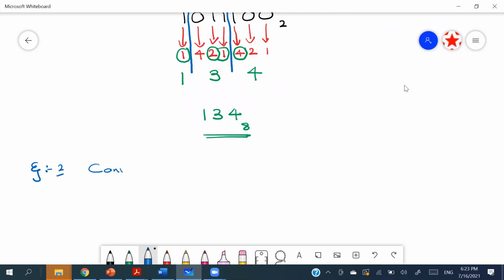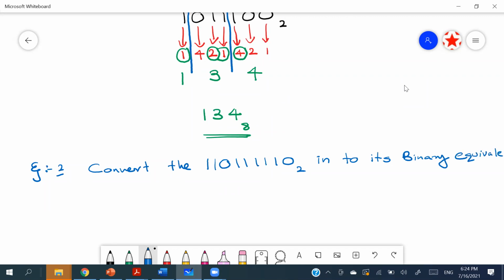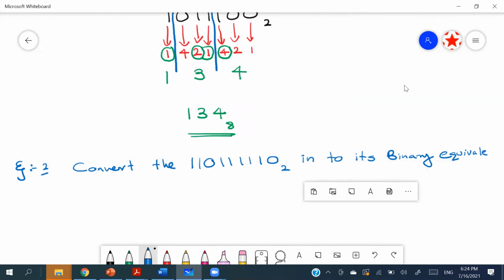Convert the binary number 1 1 0 1 1 1 1 1 0, and I'll put a 1 in front, into its hexadecimal equivalent.